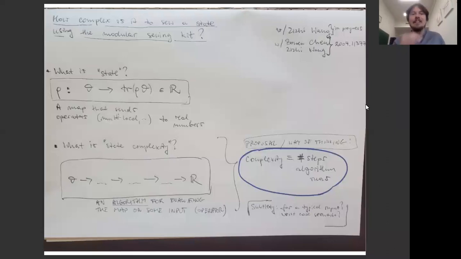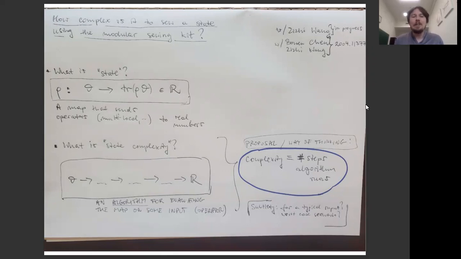And I want to start this talk about how complex it is to sew a state by asking what is a state. Depending on your background, you may find it completely obvious, or you may find it kind of novel to think about it this way: a state is a map that takes operators to real numbers.